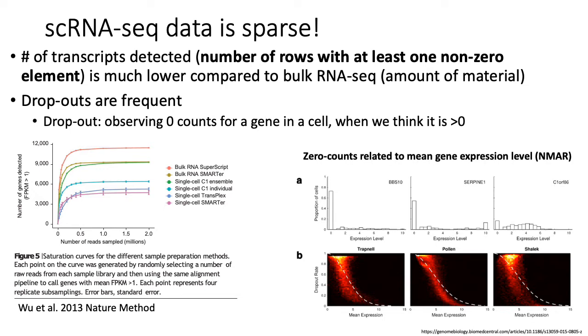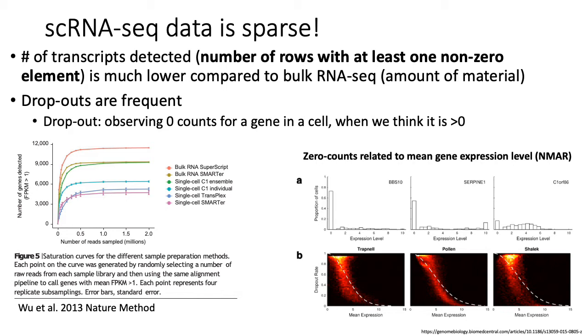And so essentially the number of transcripts detected is much lower in these droplet-based single-cell RNA-seq methods compared to bulk RNA-seq. What the figure on the left is meant to show you is that the number of genes detected, which is inversely related to the dropout rate, is in part a function of the number of reads that you sequence in a sample, but it's also in part a function of the particular type of technology you use.